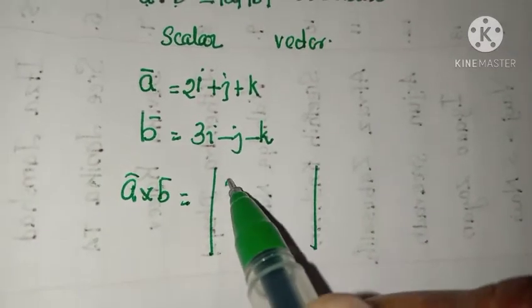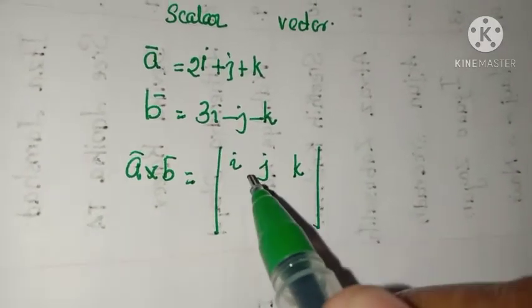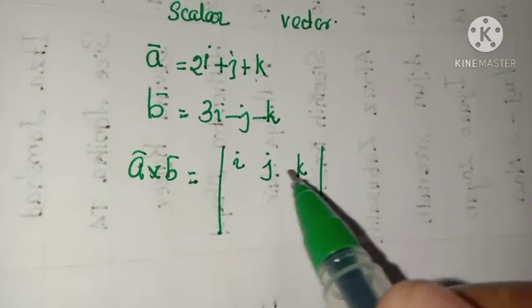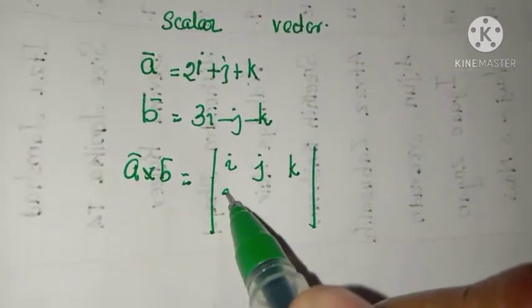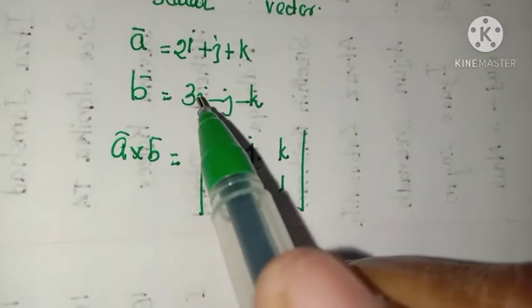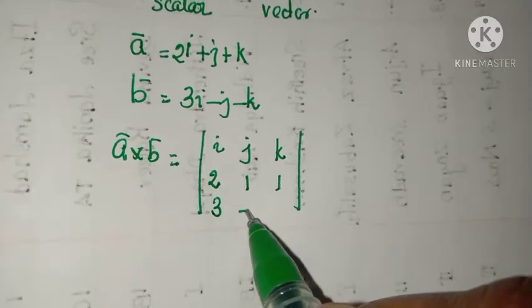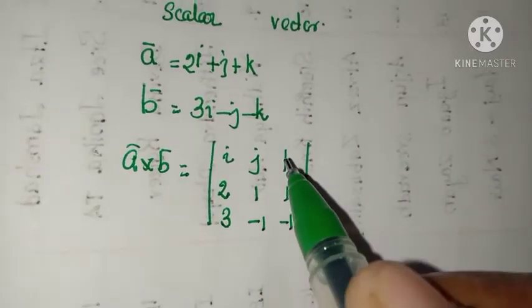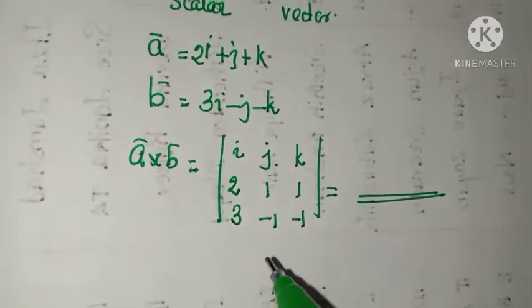The first row is always i, j, k, there is no change. The second row is the coefficients of vector A: 2, 1, 1. The third row is the coefficients of vector B: 3, minus 1, minus 1. Then find the determinant value, which gives A cross B.